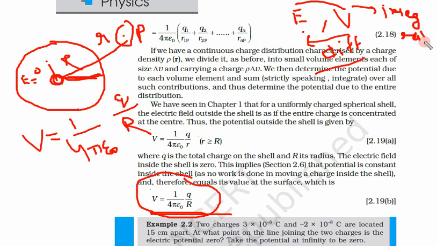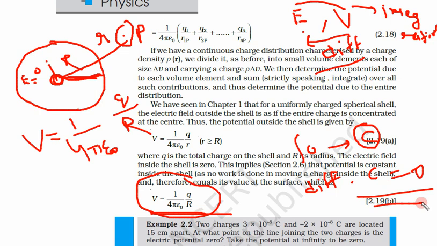And you know the integration of zero is a constant. If you have a zero term here and integrate, you will get a constant, or in reverse, if you differentiate a constant term, differentiation of a constant term is always equal to 0. So if this potential is constant, that means differentiation is 0, hence electric field is 0.